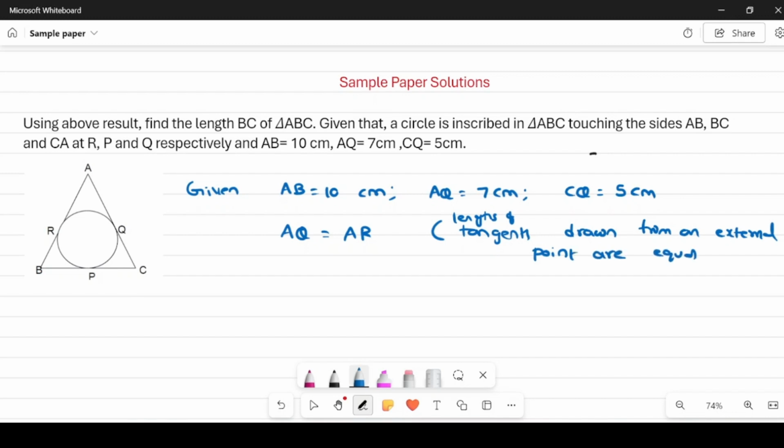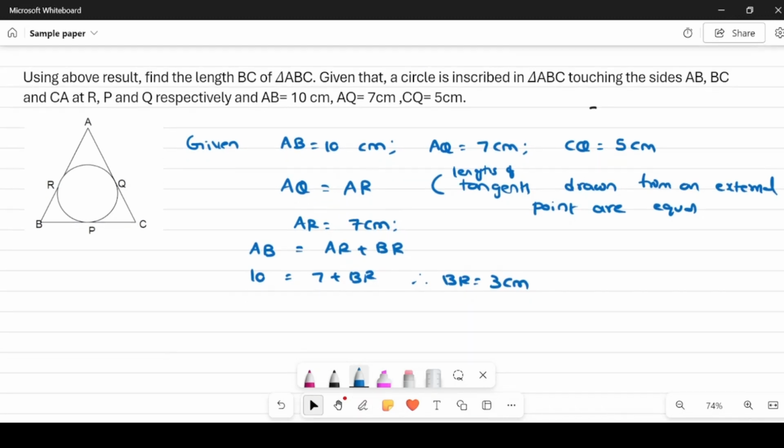Right? So since we have AQ as 7 centimeters, AR is also 7 centimeters. Then we have AB is equal to 10 centimeters. So AB is equal to AR plus BR. So 10 is equal to 7 centimeters plus BR. Therefore, we have BR is equal to 10 minus 7, which is 3 centimeters.